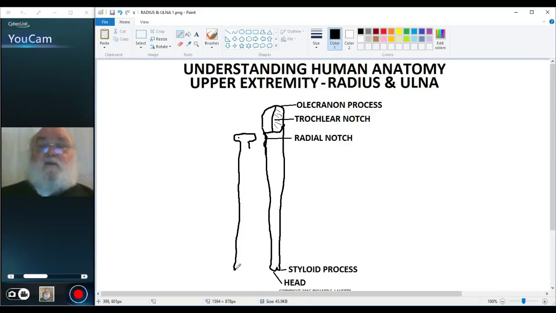And the radius also has a styloid process. But the radius is rather wide down distally. Let me clean up my drawing a little bit here.